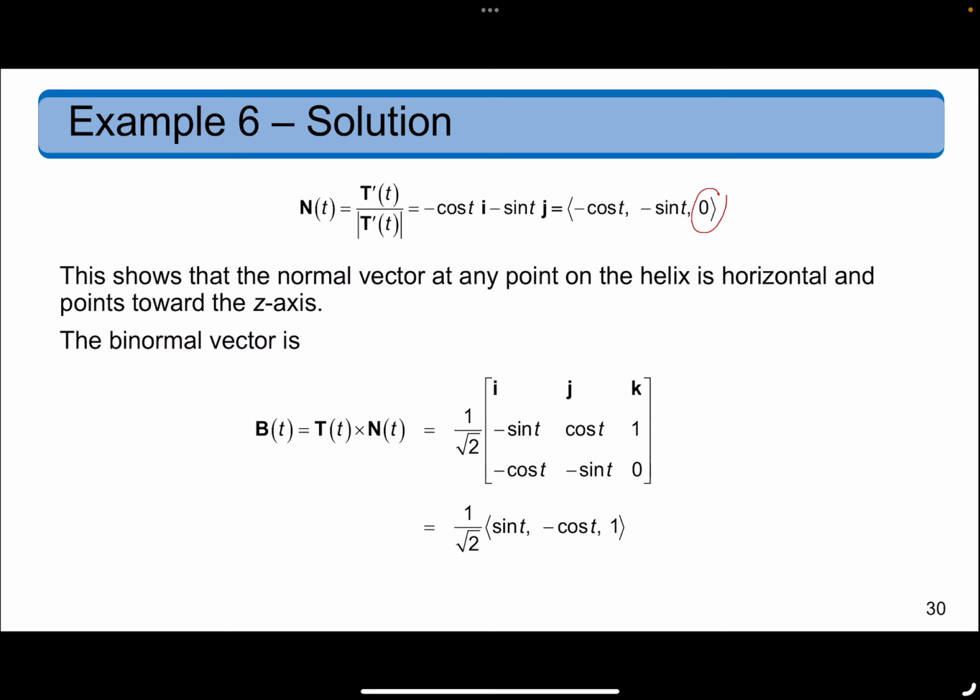The binormal vector is B of t equal to the cross product between T of t and N of t, the unit tangent and the unit normal. Take note that this is the unit normal, negative cosine t, negative sine t, and 0.